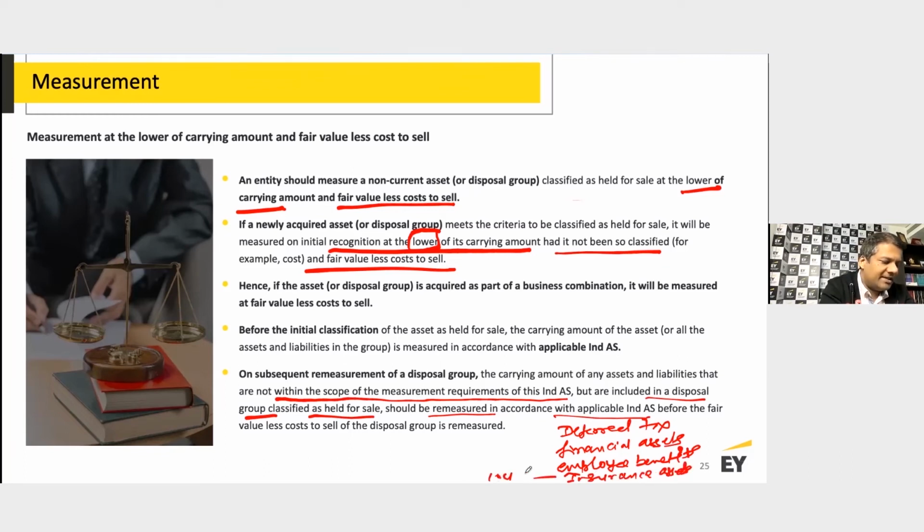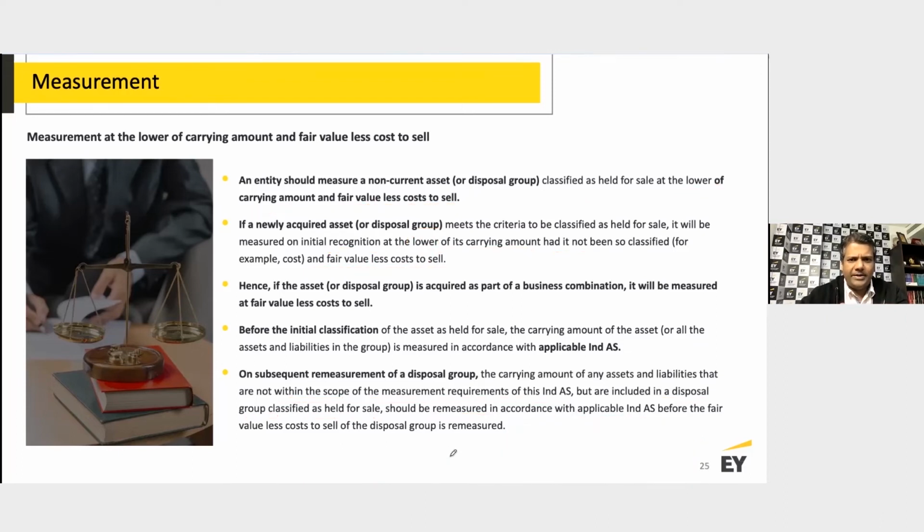Insurance asset under Ind AS 104, employee benefits under Ind AS 19, financial asset under Ind AS 109, deferred tax under Ind AS 12, and also agriculture assets, which is under Ind AS 41. So if you were measuring all of these anyway, they are carved out, and you're going to follow the principles of the respective standard to continue to fair value them.